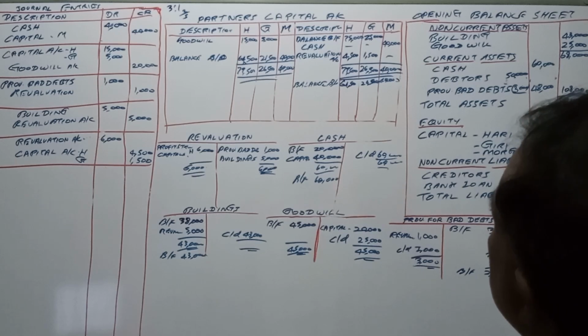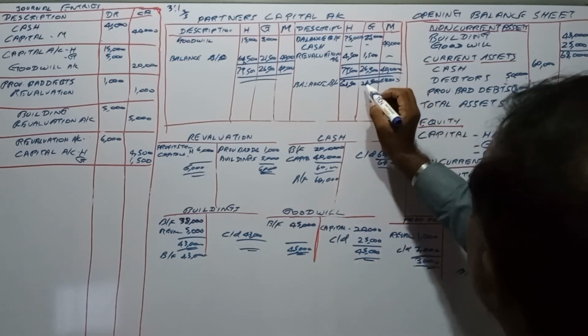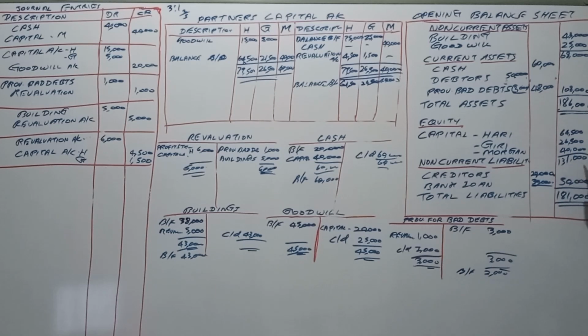This is 21,500. His building is 43,000, goodwill is 25,000, 68,000.